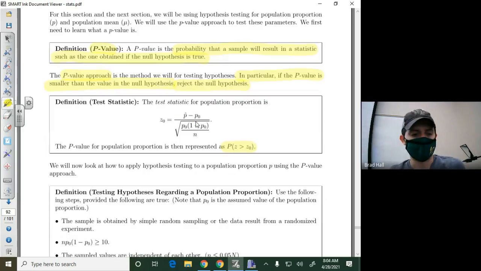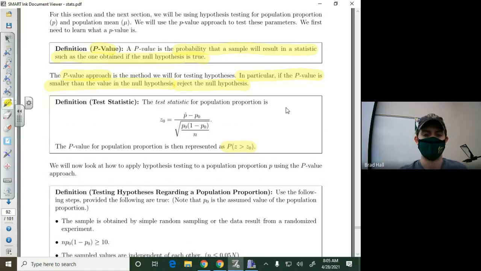So let's go ahead and look at, so I do mention the formula for a test statistic, and it is a little bit algebraically, I guess, time consuming. Luckily, the calculator will give us this value automatically.